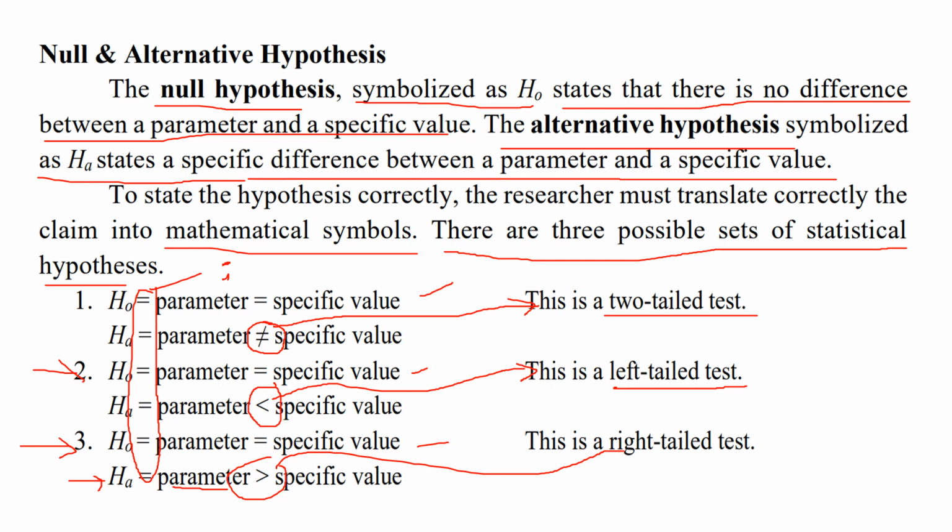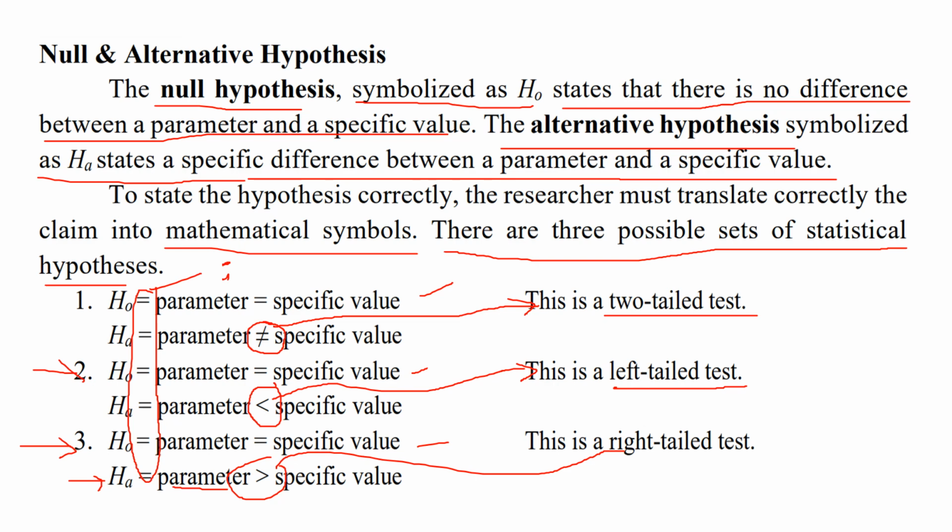Again, whether two tail test or one tail test, it can be left tail or right tail test. It is always dependent on the symbols that we are using in your alternative hypothesis. So if the problem is a two tail, left tail, or right tail test, there's always a reason why it is two tailed, why it is left tail or right tail. We cannot use left tail test if the parameter is not equal to specific value.